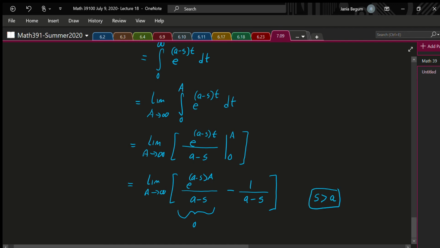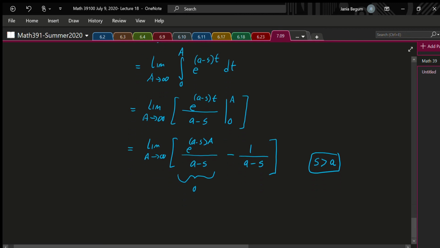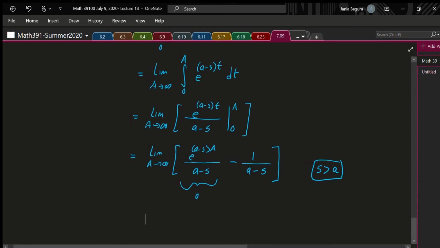If s is always greater than a, then this limit, as big A goes to infinity, will be 0. Do you agree? Okay, so we're going to impose that condition so that this limit goes to 0. So what we're left with is negative 1 over (a minus s), as long as s is greater than a.